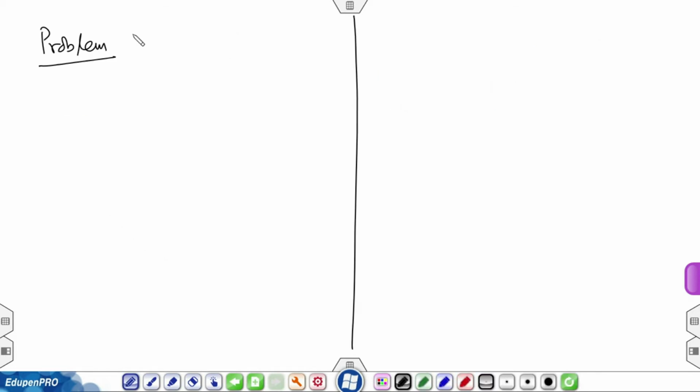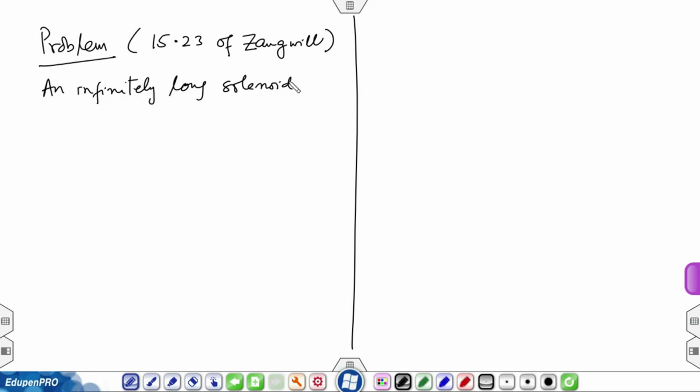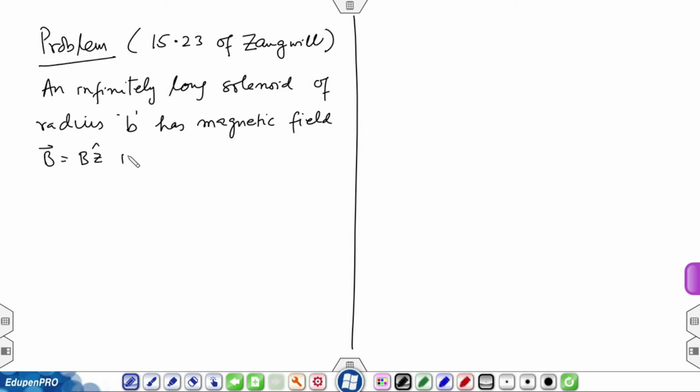This problem is problem 15.23 of Zangwill's book, and it says the following: an infinitely long solenoid of radius b has magnetic field B equals Bz inside it.